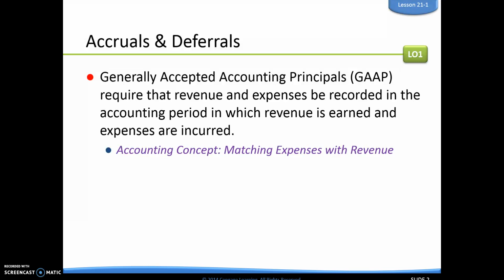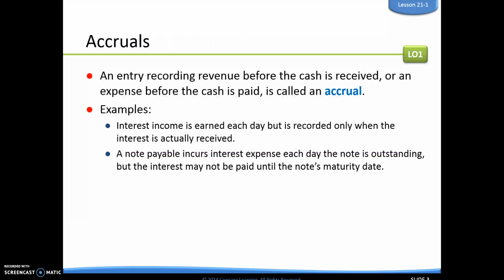Same thing with expenses. But what we know is that sometimes things happen in one accounting period and then they transfer over to the next accounting period. And that's where accruals and deferrals run into some issues. So let's take a look at what that's going to look like.